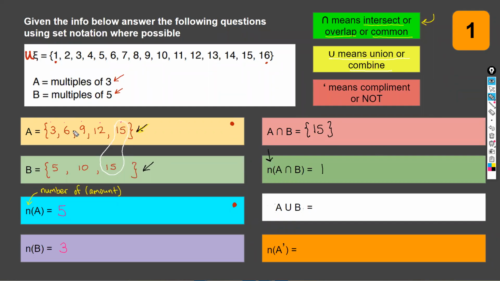So when you're combining all the answers, you notice the 15 appears here and the 15 appears here. Even though it appears twice, when we are writing the answer, we have to write it only once. When you're writing answers in curly brackets, a value can only appear once. You cannot duplicate a value.